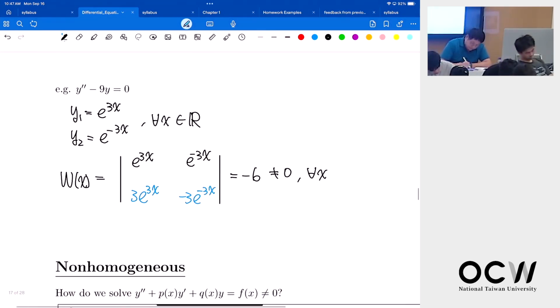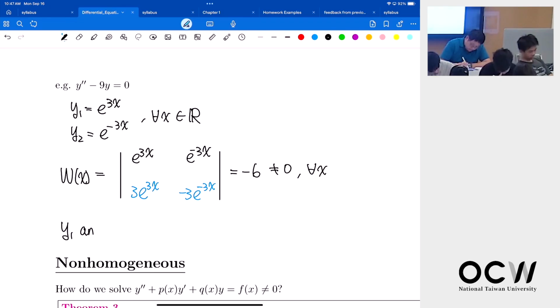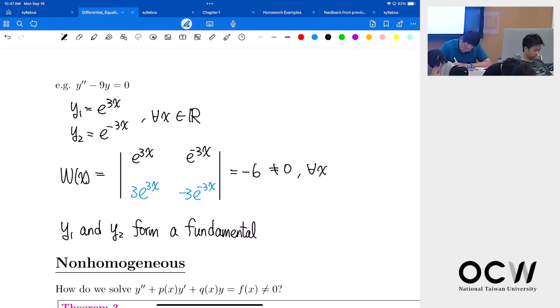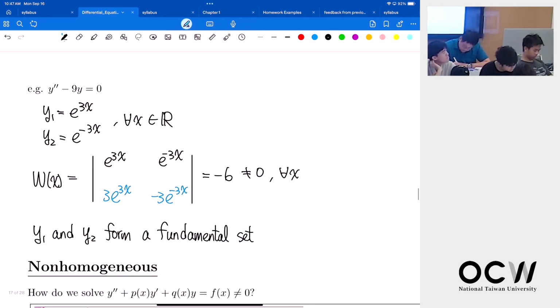So that means y1 and y2 can form a fundamental set of solutions. Okay, any questions about this Wronskian test?